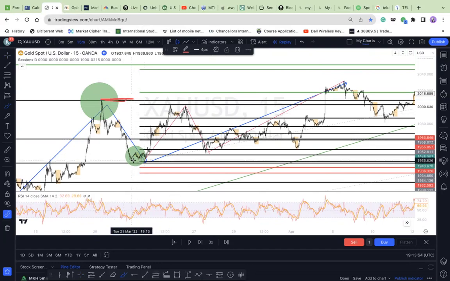When price breaks below and closes below this point, the uptrend has ended and we are in a downtrend. I hope that is clear.